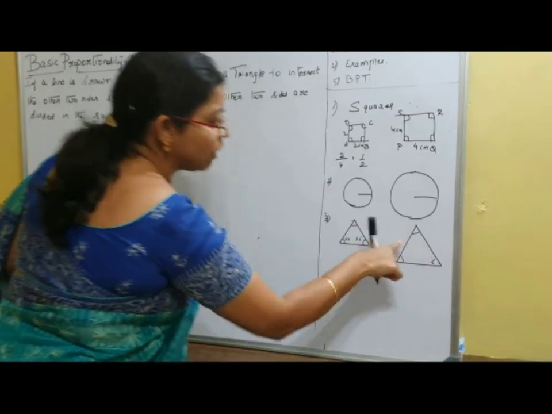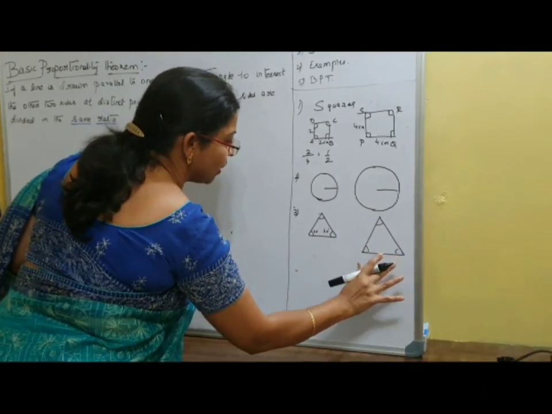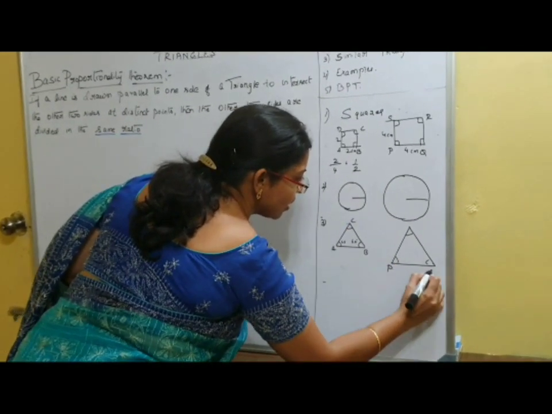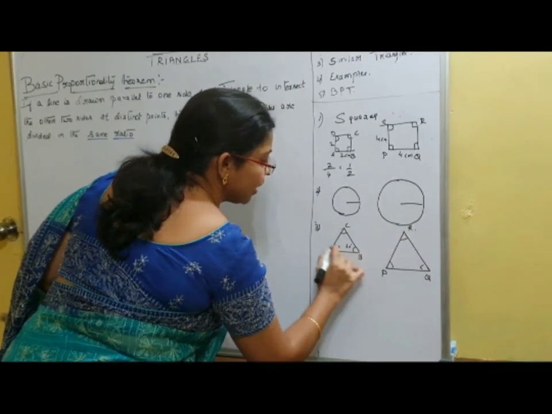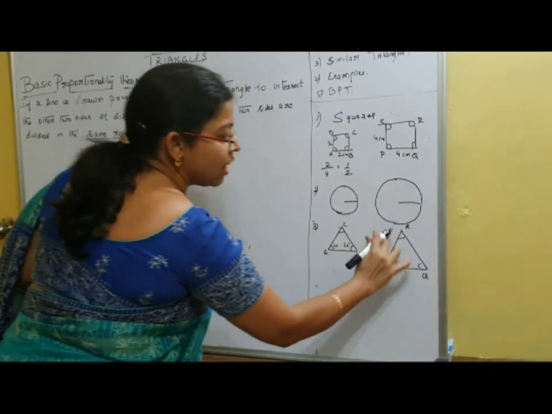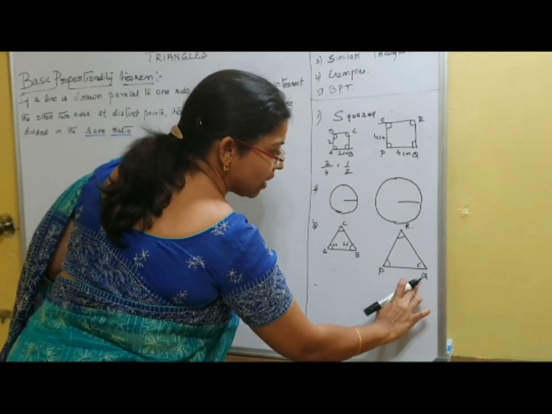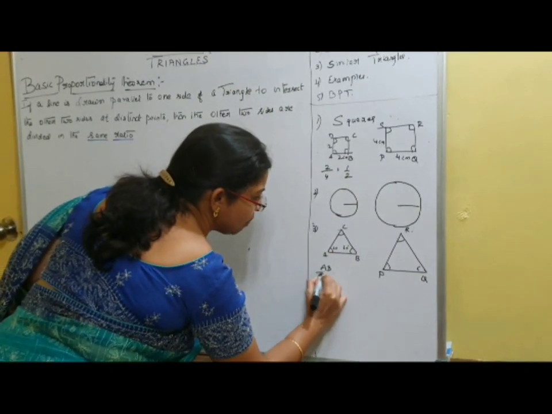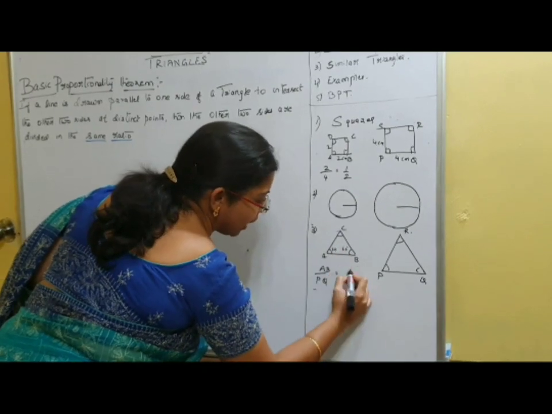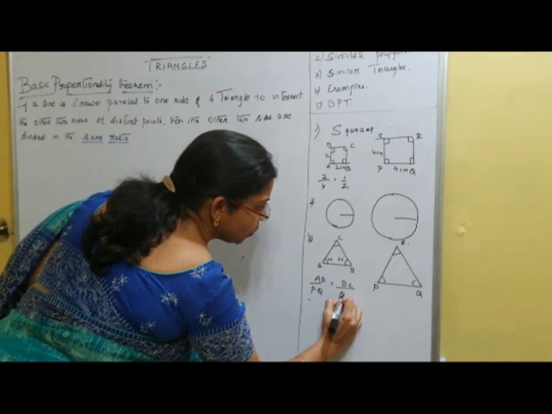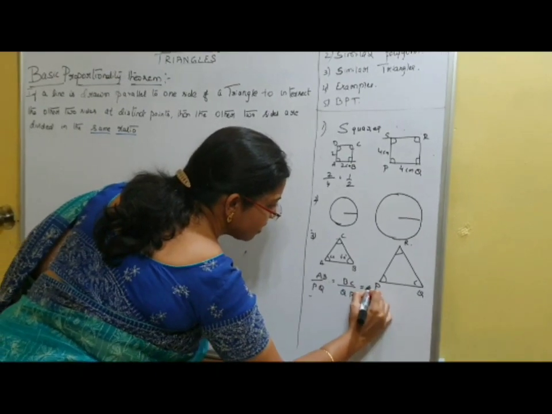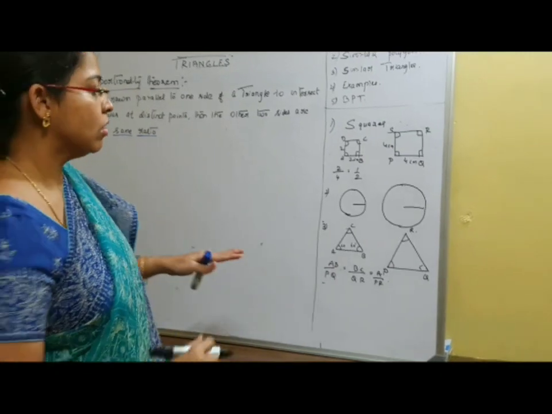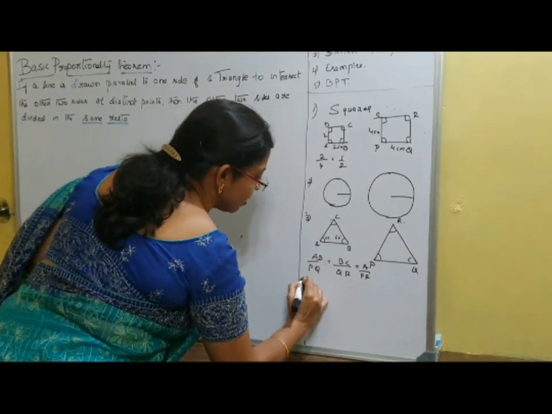So when we compare two equilateral triangles, the angles are always equal. What about the sides? Sides are equal in one equilateral triangle, and when we compare with another equilateral triangle, it will be equal. So when we take their ratios, AB by PQ will always be equal to BC by QR and AC by PR. Therefore, equilateral triangles are also similar polygons always.